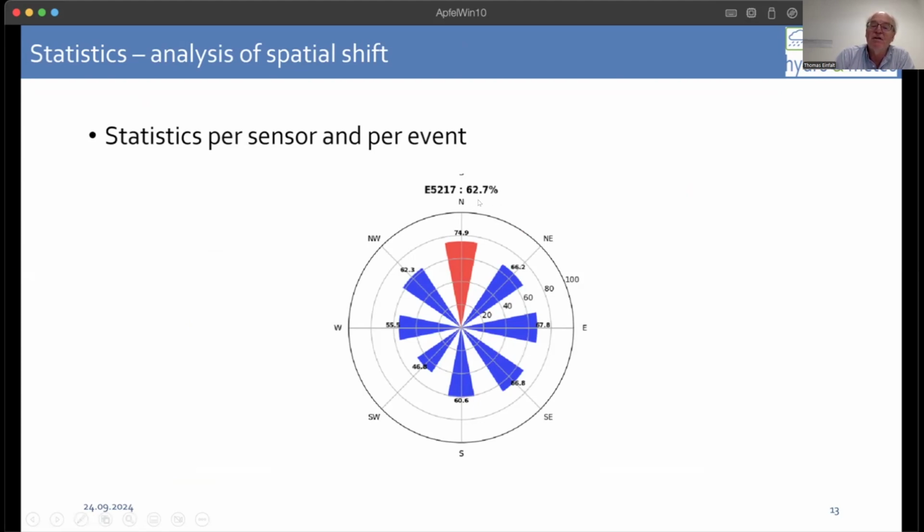For this sensor here, for the co-located correlation, we have around 62, 63% correlation, and a correlation factor of nearly 75 when we are going 1 pixel to the north.